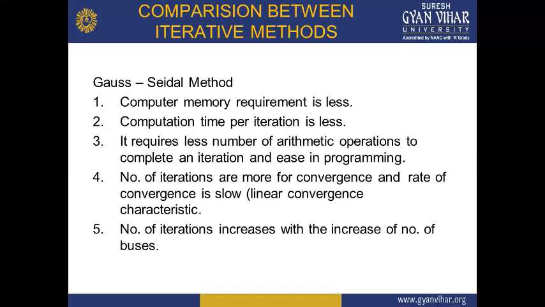The time required is less, with fewer arithmetic operations to complete an iteration and ease in programming, but the number of iterations needed for convergence is more, and the rate of convergence is slow. And the number of iterations increases with the increase in the number of buses. So these are the five points which give the comparative analysis for the Gauss-Seidel method.